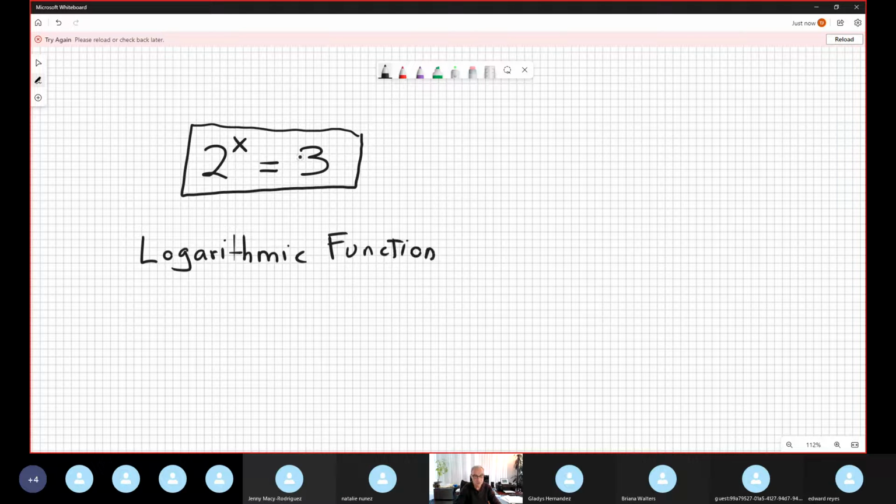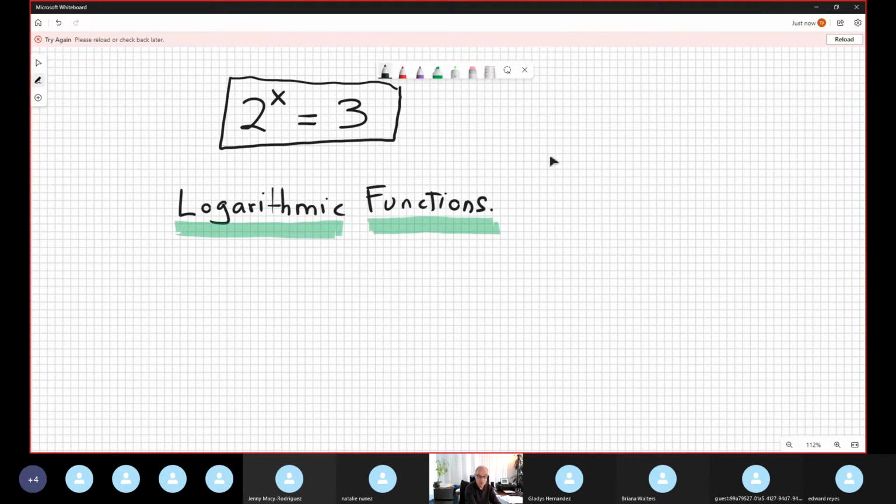Pay attention. Here, the students always say, no, I don't understand the logarithmic function. It's easy. What is the definition of the logarithmic function? Well, the logarithmic function is the inverse function of the exponential.